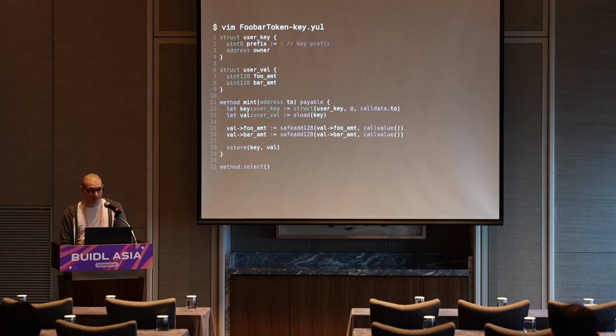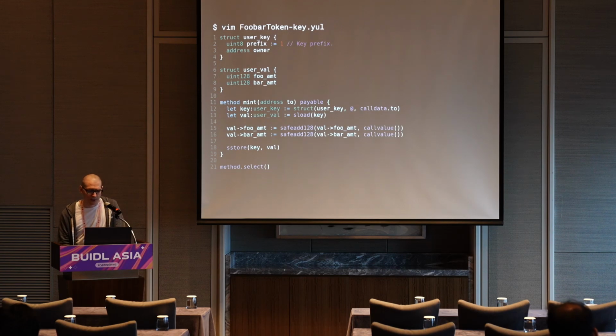But using this struct construct that we have in Joule, these stack-based structs, it's actually very convenient to create storage keys for sload and sstore. So you can basically use sload and sstore the same way you would use any key-value store. You can avoid key collisions yourself by assigning a prefix to each different type of key, as you can see on line 2.